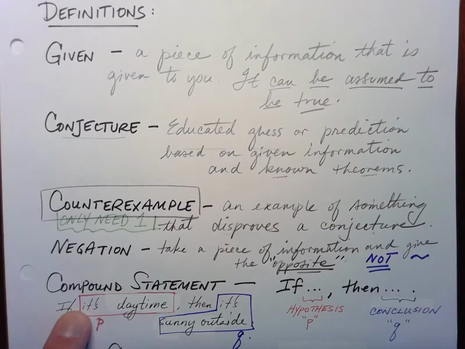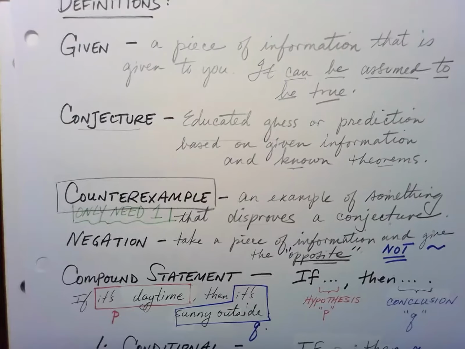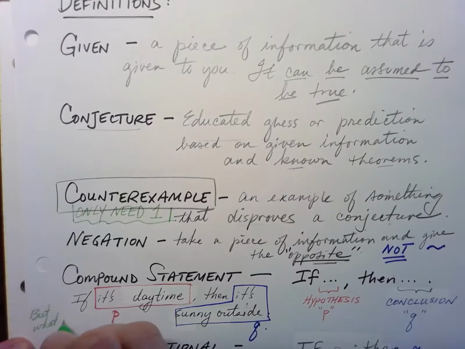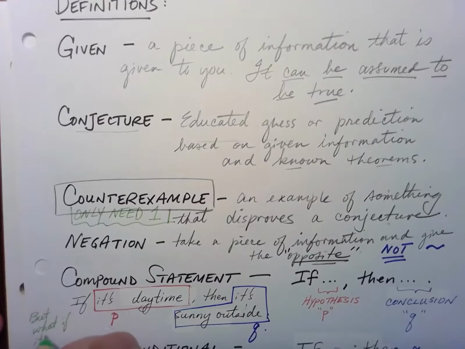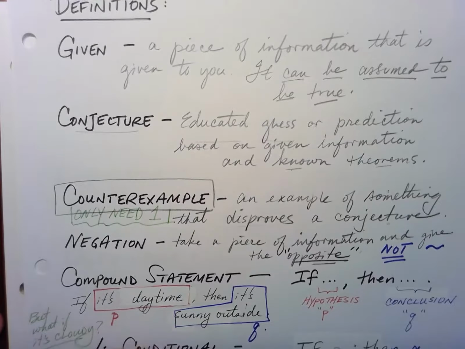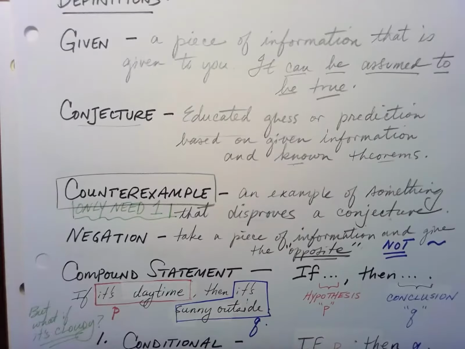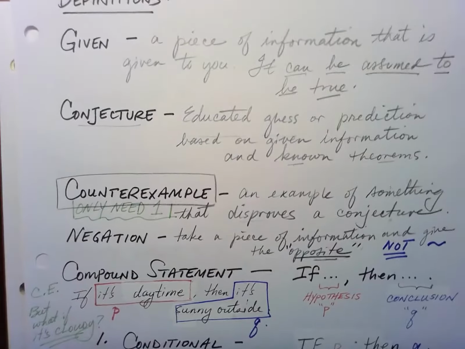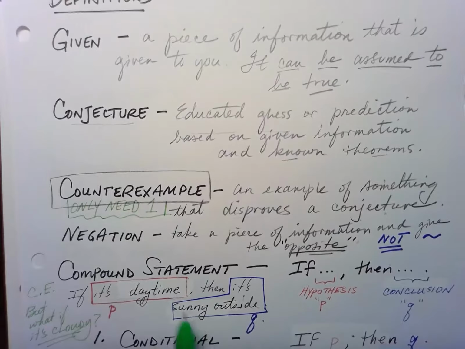Of course, we could come up with a counterexample, and we could say, oh, but what if it's cloudy? It can still be cloudy during the daytime, so this would be a counterexample that disproves this statement, okay? It would be a counterexample of what we need to be true.